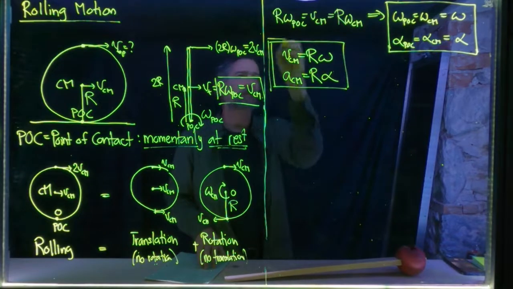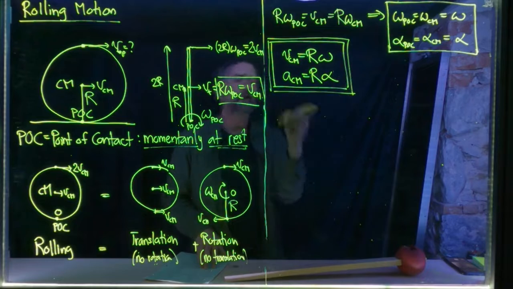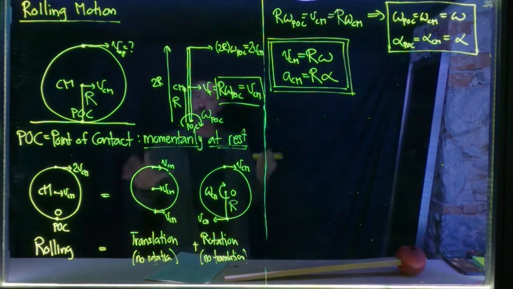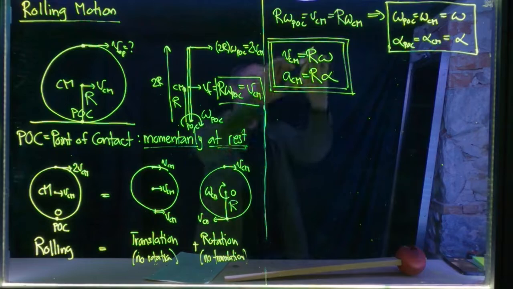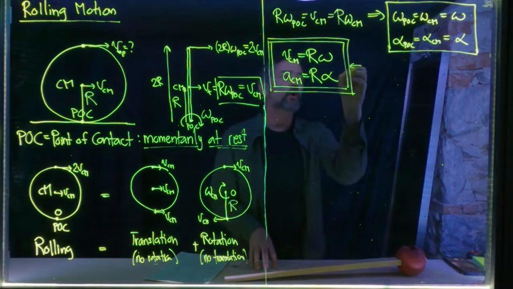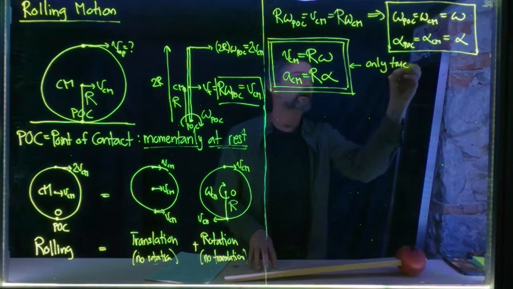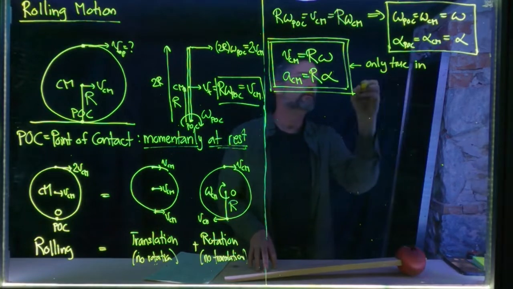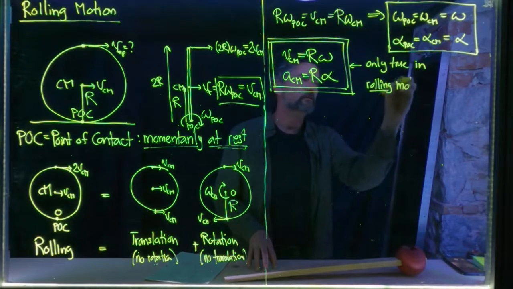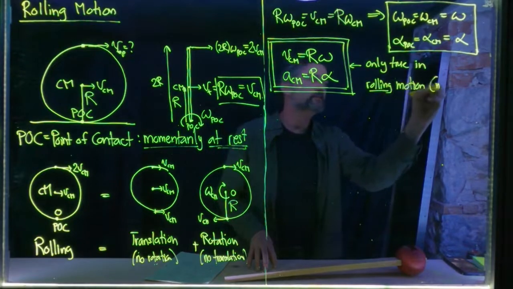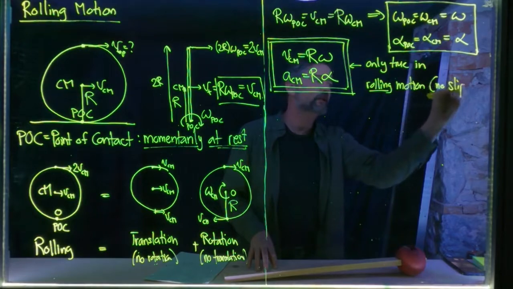Okay, we'll put 2 boxes around it. Okay? But I want to emphasize, and this is a super important point here, these two relationships are true only in rolling motion, which means by definition no slipping.